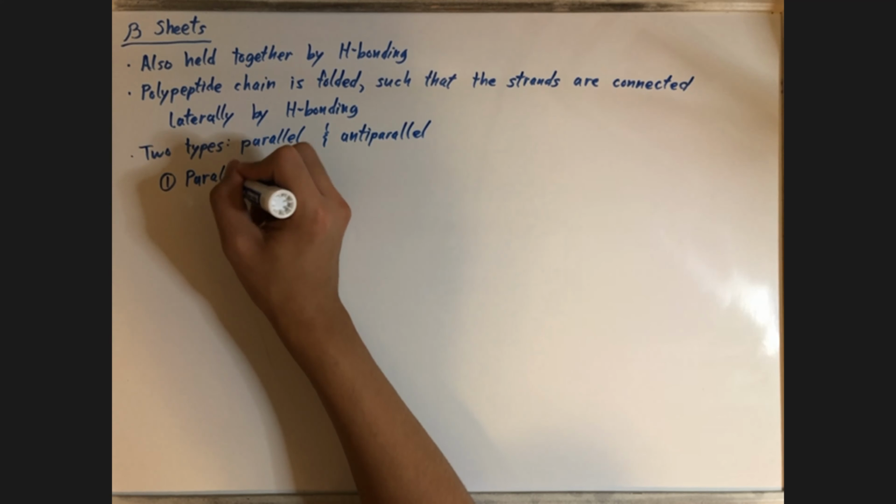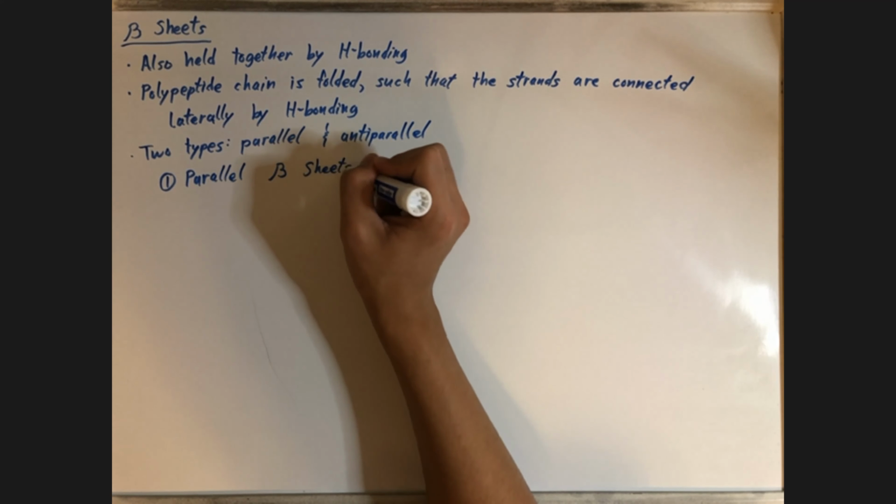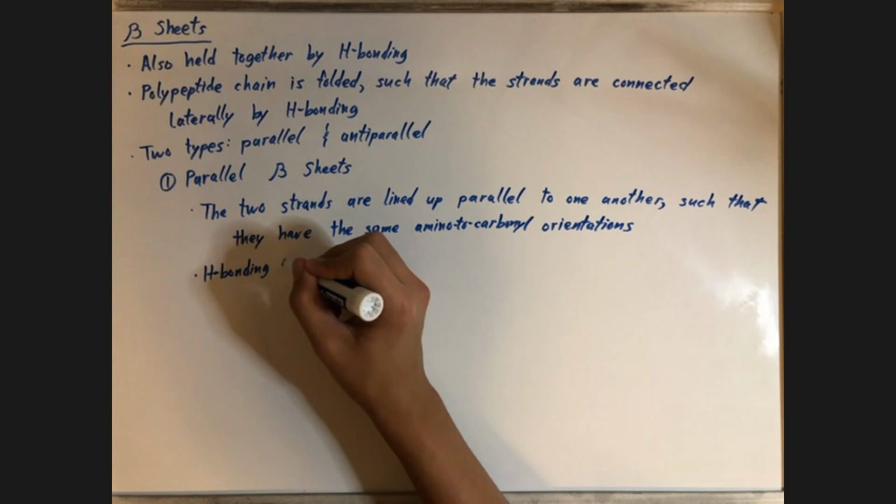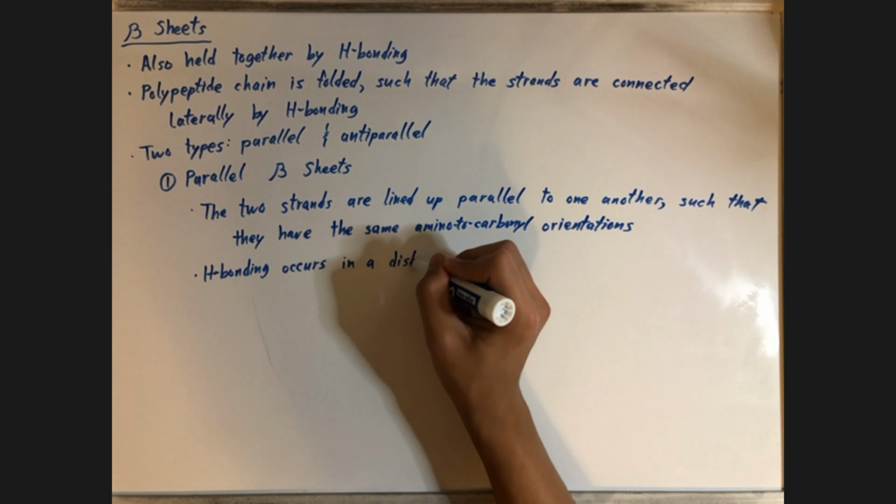So parallel beta sheets are when you have the two strands lined up parallel to one another, such that they have the same amino to carbonyl orientations. And as a result, the pattern of H bonding occurs in a distorted zigzag fashion, which I'll demonstrate below.